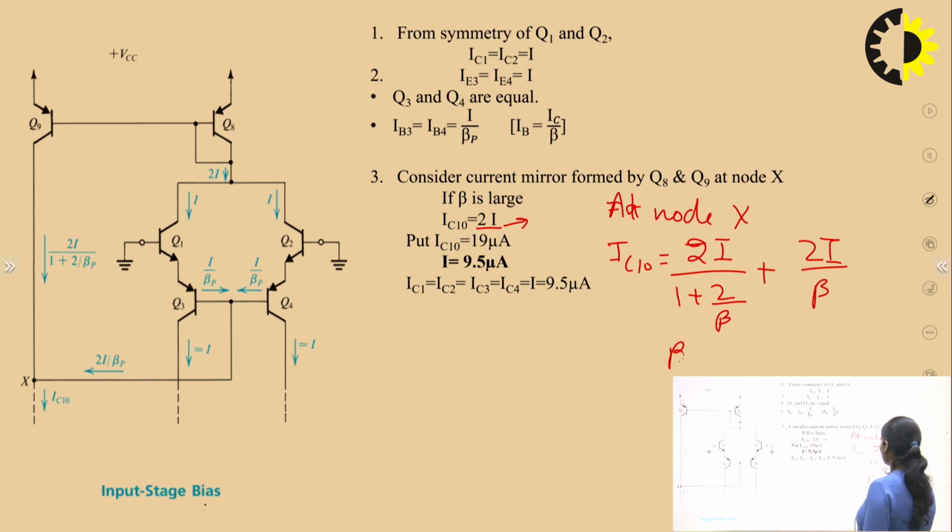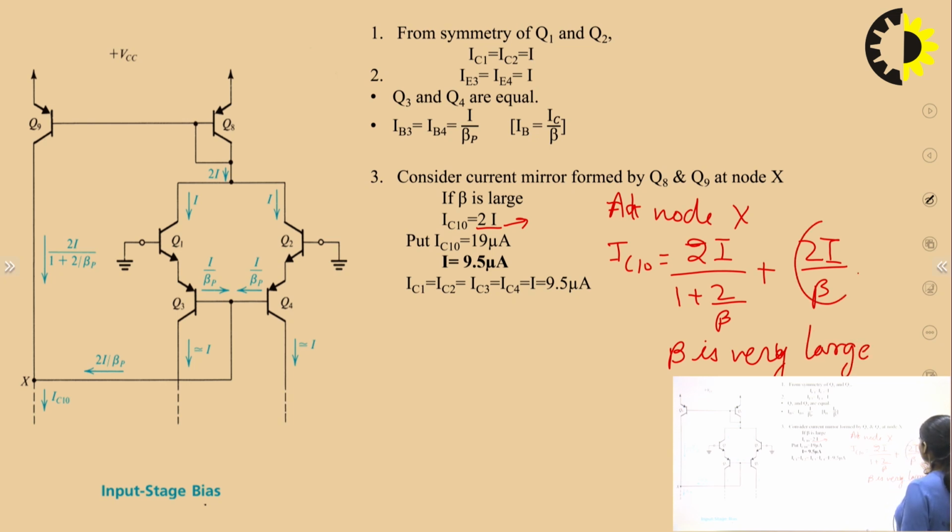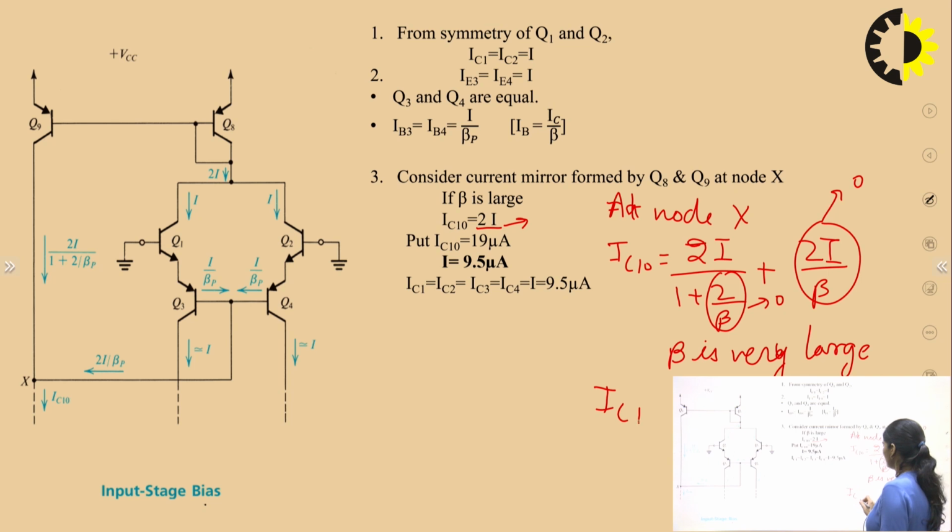If we are considering beta is very, very large, then this will become 0 and this will become 0. So we will get IC10 is equal to 2I.